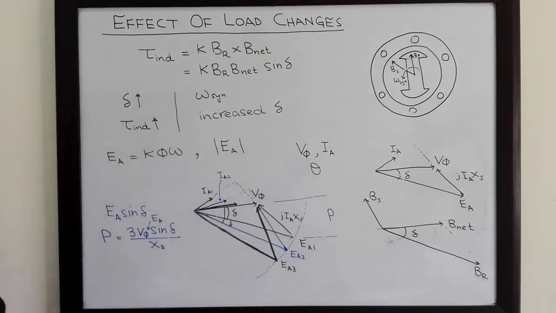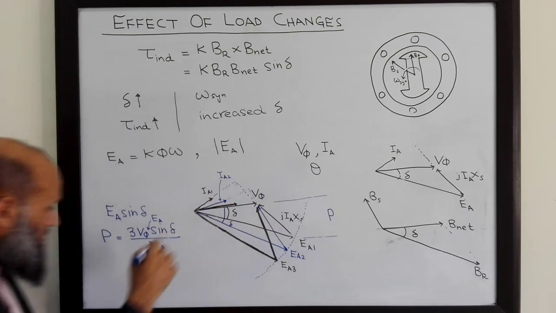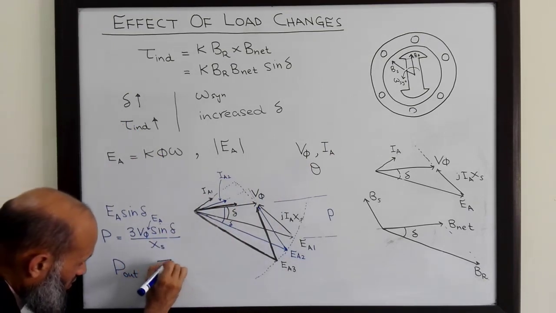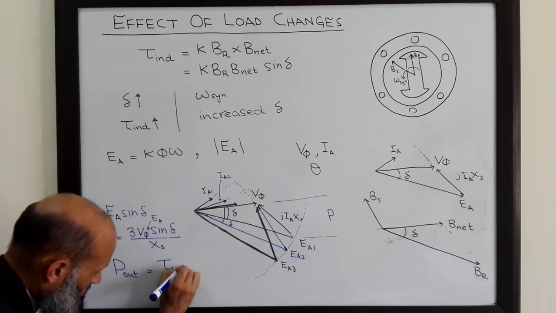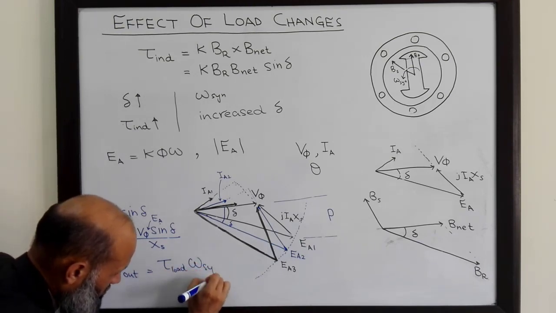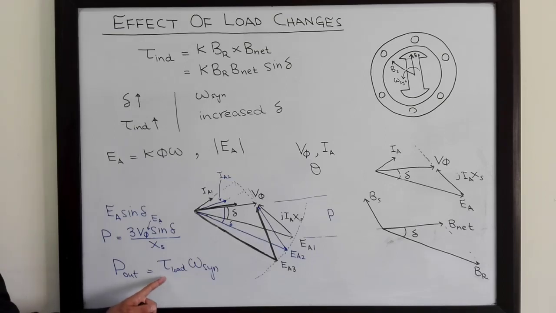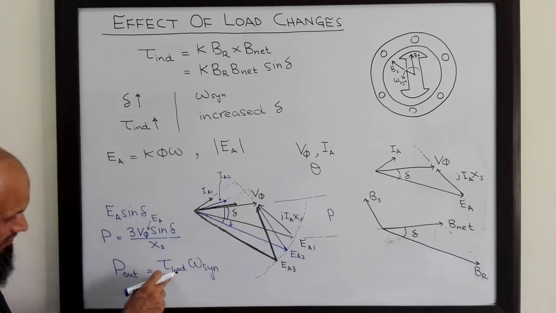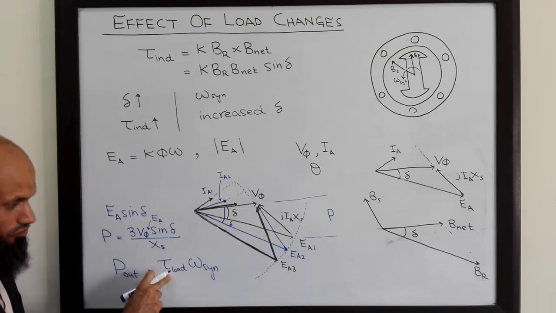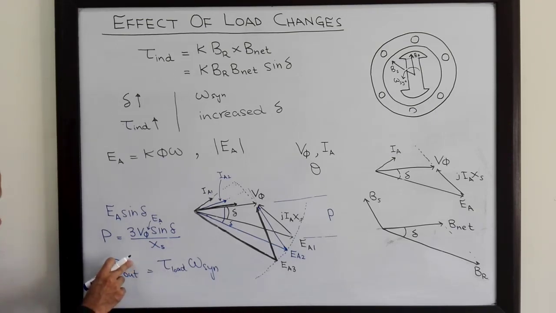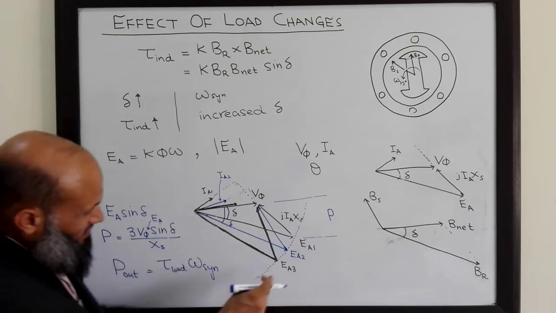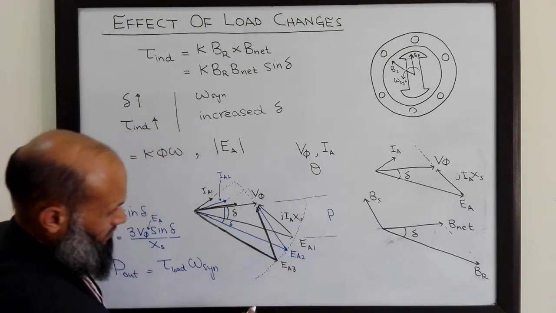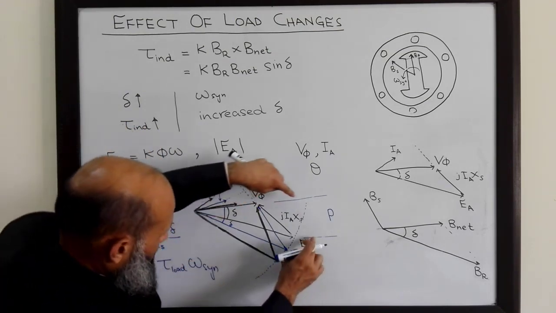Where is the output power of this motor? The output power is equal to the load torque multiplied by the speed of rotation. Since the speed is constant, as we increase the load torque, the power increases. That is, this component also increases, which is obvious from here.